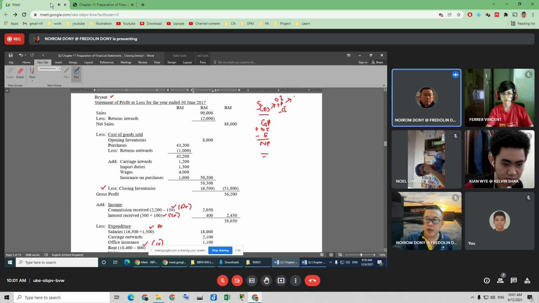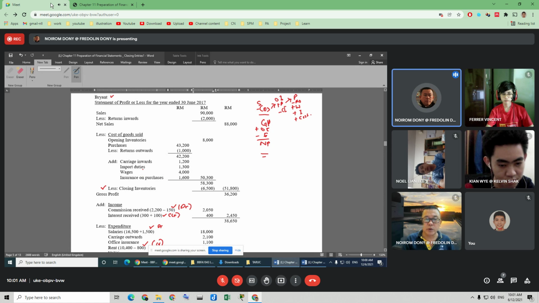Like we have purchases, less return outward, plus wages, plus insurance, plus custom duty if you have. So that is why you have here purchases 43,200, less return outward, plus carriage inward, plus import duty, plus wages, plus insurance on purchases.